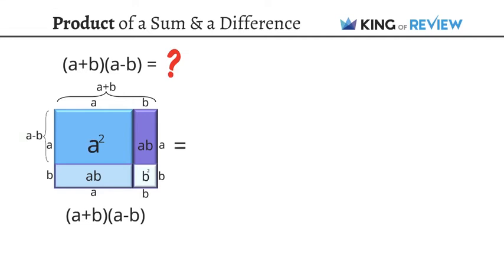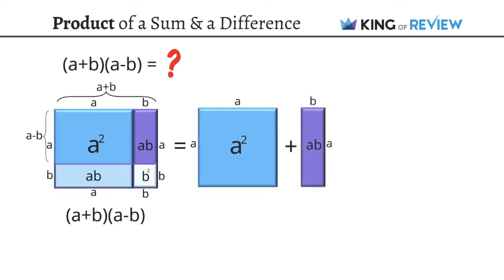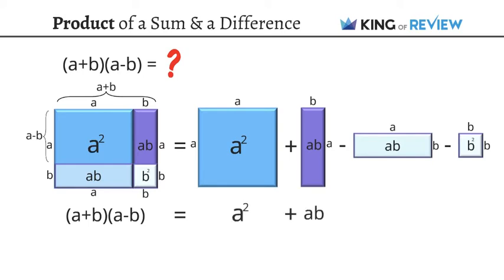Now I'm gonna pick these bricks off to see what a plus b times a minus b is equal to. There was a square and I added a rectangular brick, and then I subtracted the same rectangular brick, and then lastly I subtracted a small square as well, right? In mathematical notation, it's a squared plus ab minus ab minus b squared.